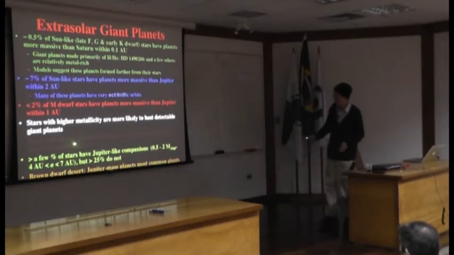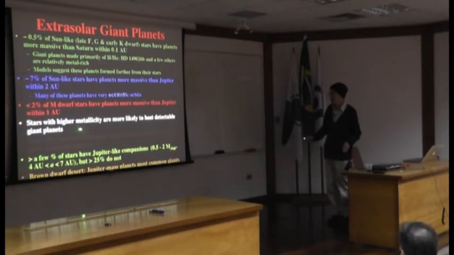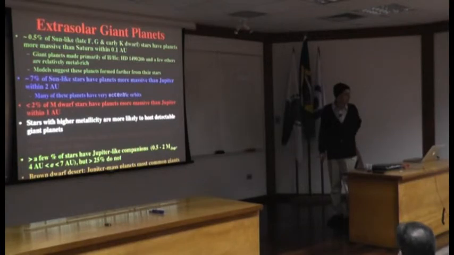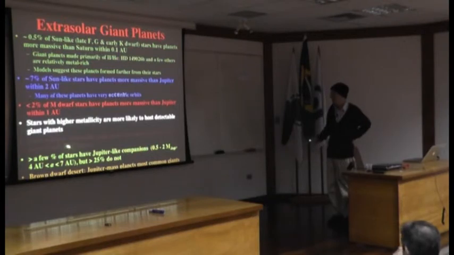But this is something that I'll be talking more about in terms of the metallicity in the next 2 lectures, because the Kepler data have given us the information for the terrestrial planets. Sorry about the contrast.